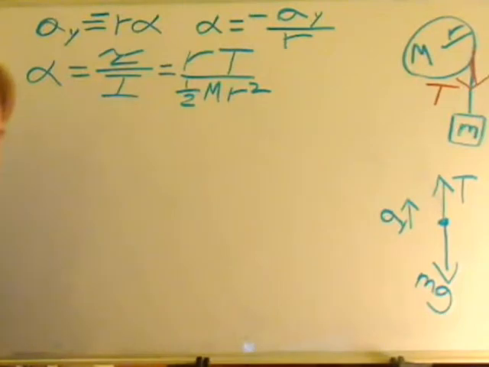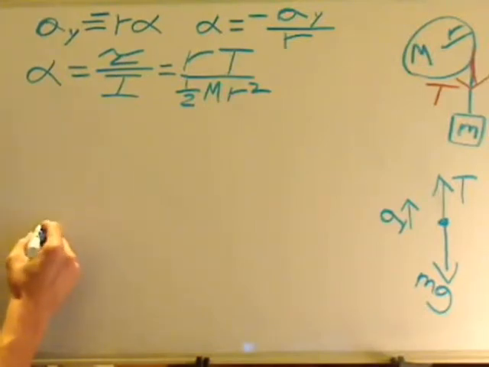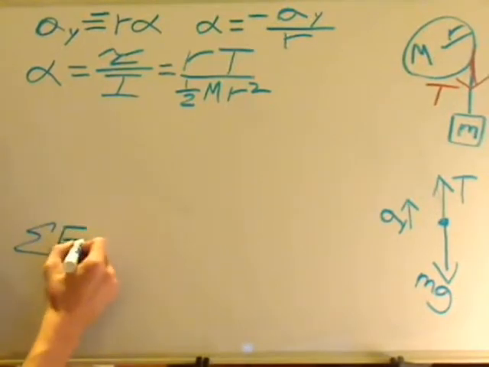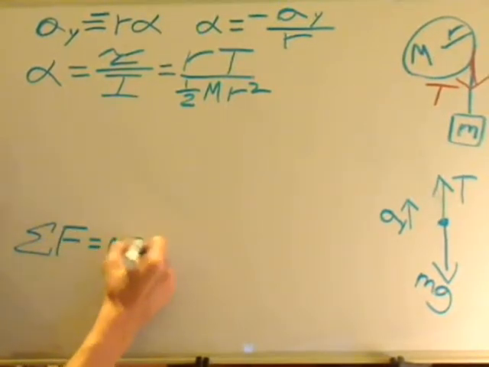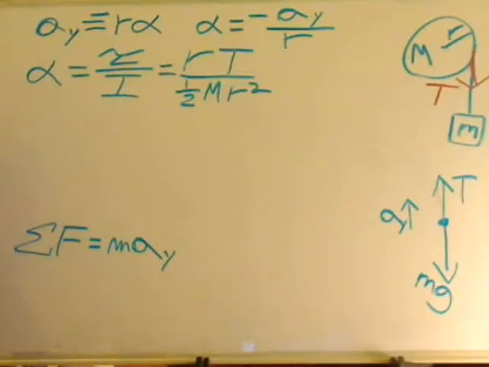Now, what is the tension? This is where we have to do a little bit of Newton's law work to find the tension. Newton's second law says that the net force is mass times acceleration. So the net force acting on that mass is the mass times the y acceleration. Now what is our net force here?